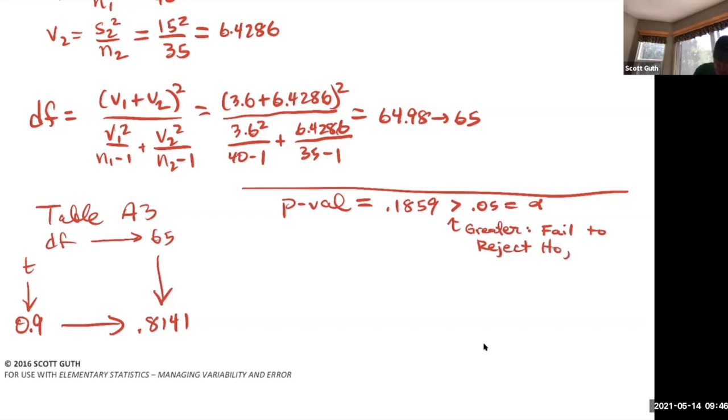So we don't support the alternative, H1, which had said that the kids in on-site courses are getting higher averages than the online students. We can't support that, not with these data.